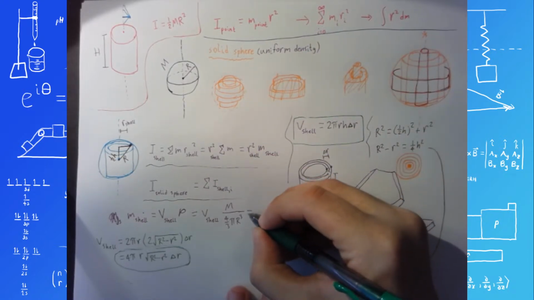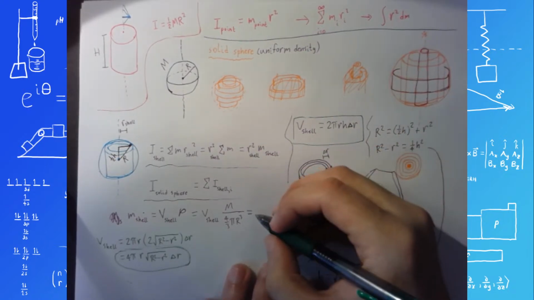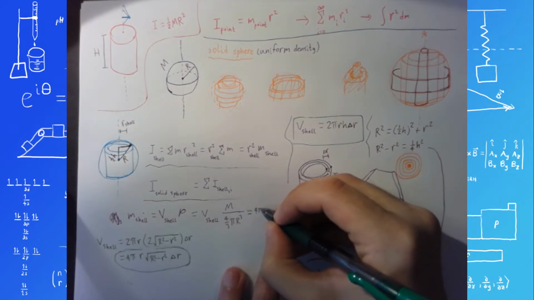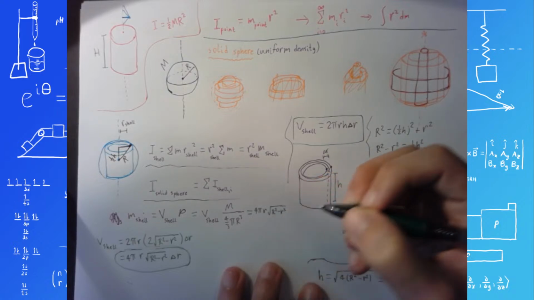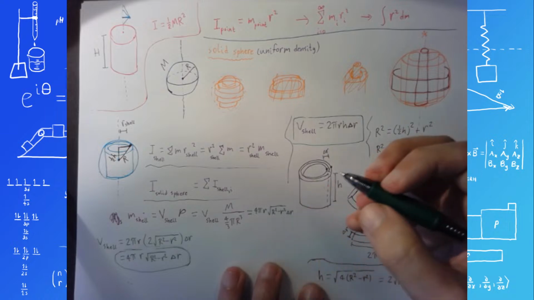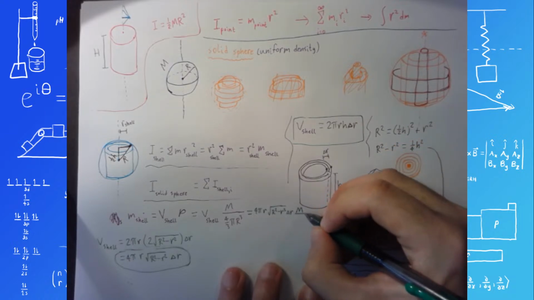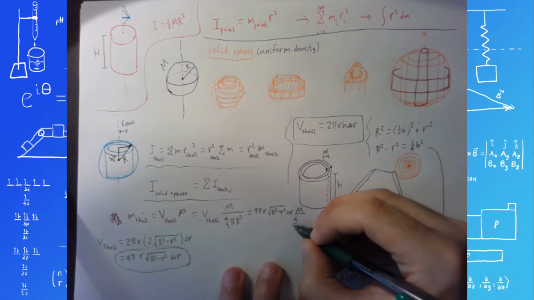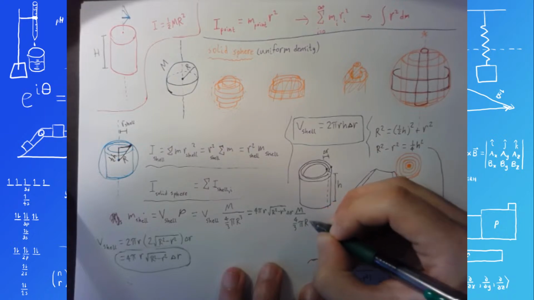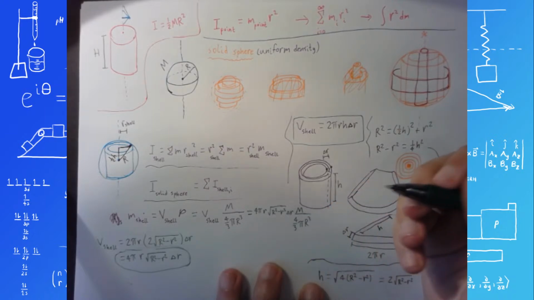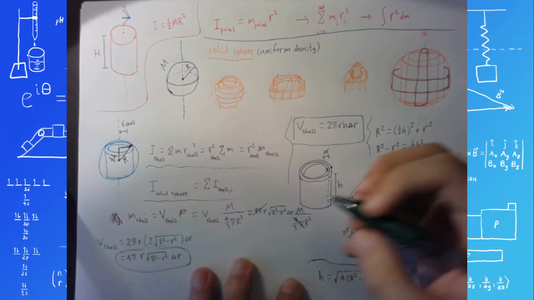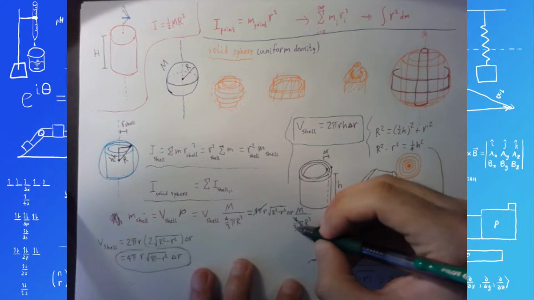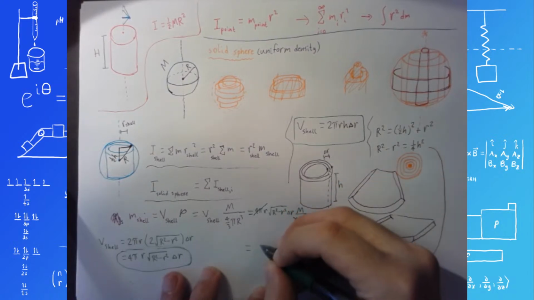So we get 4 pi r square root of big R squared minus little r squared delta r, all times big M over 4/3 pi big R cubed. 4 pi cancels with 4 pi. And then 1 over 1/3 becomes a 3, so this is going to be 3.